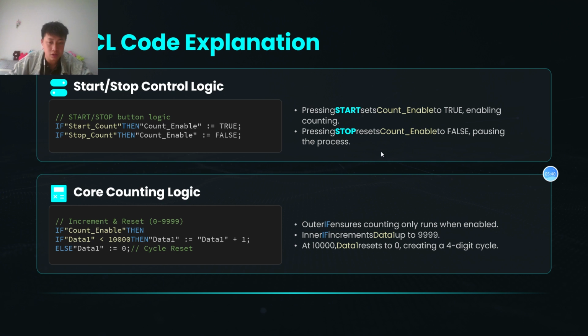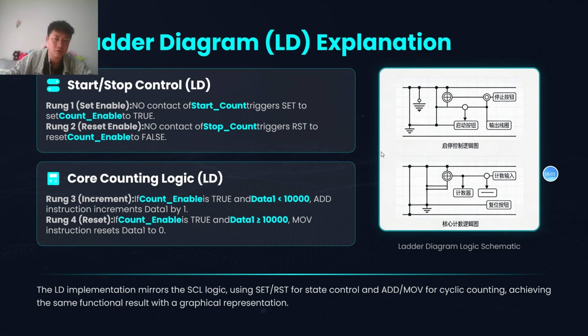And the core counting logic: outer if ensures counting only runs when enabled, inner if increments data up to 9,999. At 10,000, data resets to 0, creating a 4 digit cycle.